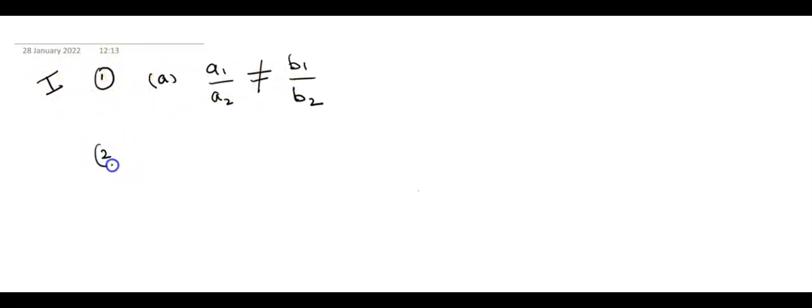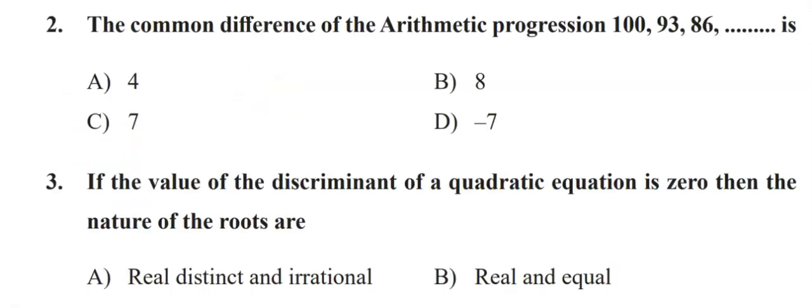Next we come back to question number 2. The common difference of the arithmetic progression 100, 93, 86 and so on is... As we know very well, to find the common difference, the difference between the preceding term and the succeeding term should remain the same.